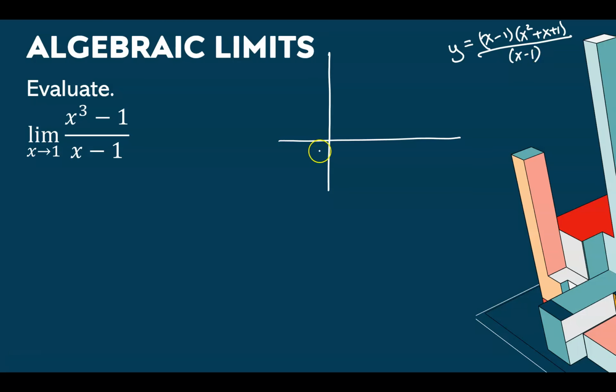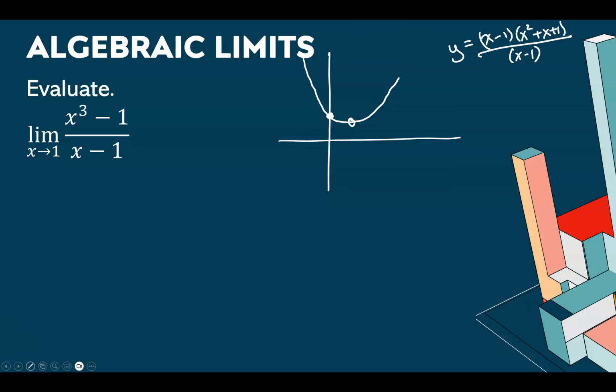I'm not sure if this crosses the x-axis. I don't think it does. Anyways, we're going to get a parabola with a removable discontinuity at x equals 1. If you remember all your pre-calculus stuff, this graph pretty obviously has a hole at x equals 1. Okay, let's get rid of that.